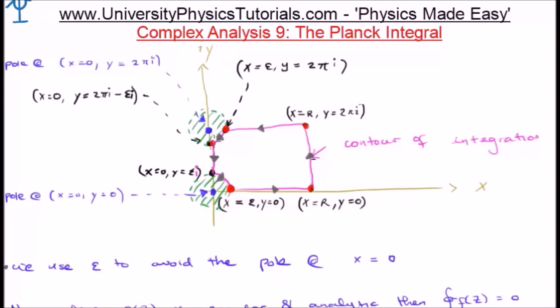It goes to this point here, which is x is equal to 0, y is equal to twice pi I minus epsilon I. It drops down towards the first pole, which is here, at x is equal to 0, y is equal to epsilon I, and back around. And we're going to get this radius or length term to extend to infinity, and thereafter we're going to get the infinite integral.